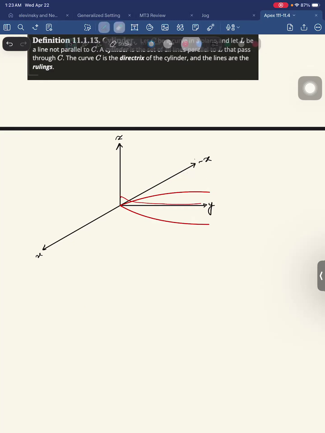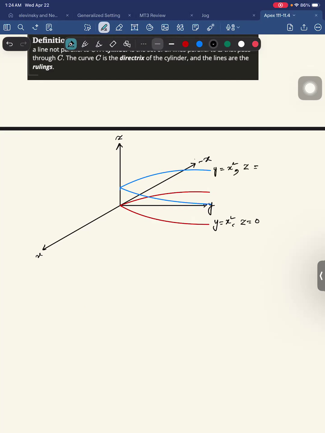Let me use a different color. So this is the parabola at some height. This one is y equals x square, z equals 0. This is y equals x square, maybe z equals 5. Who knows?